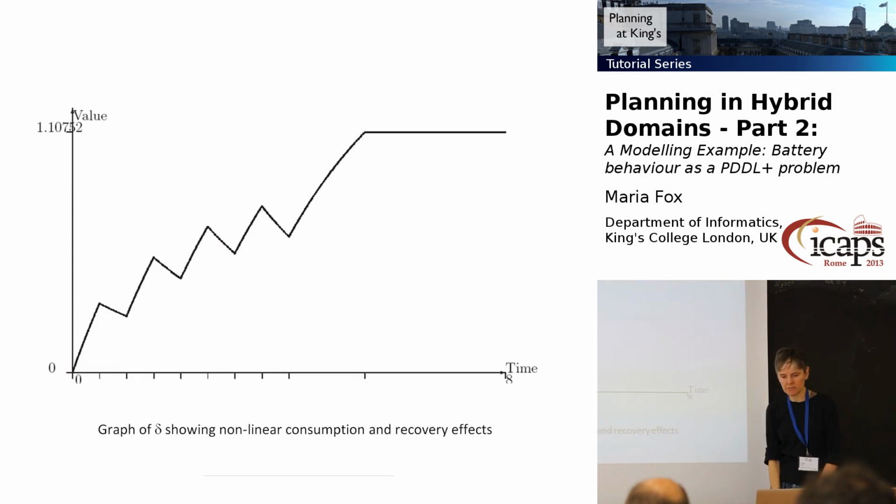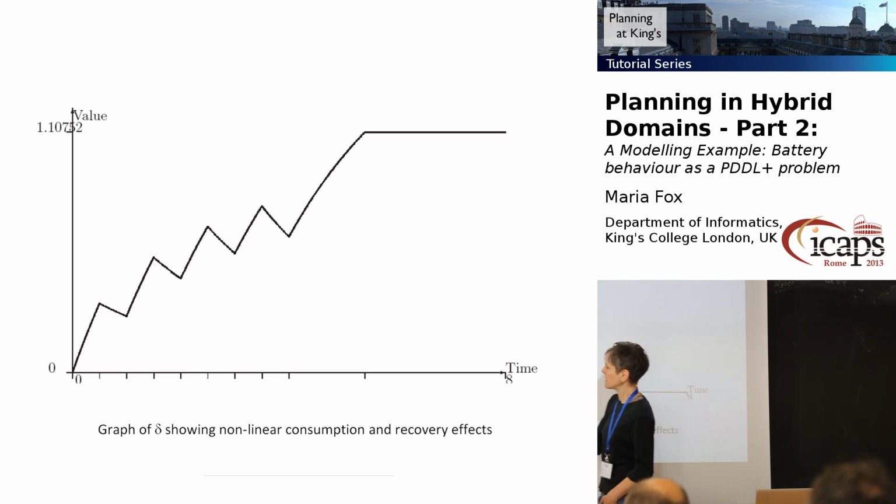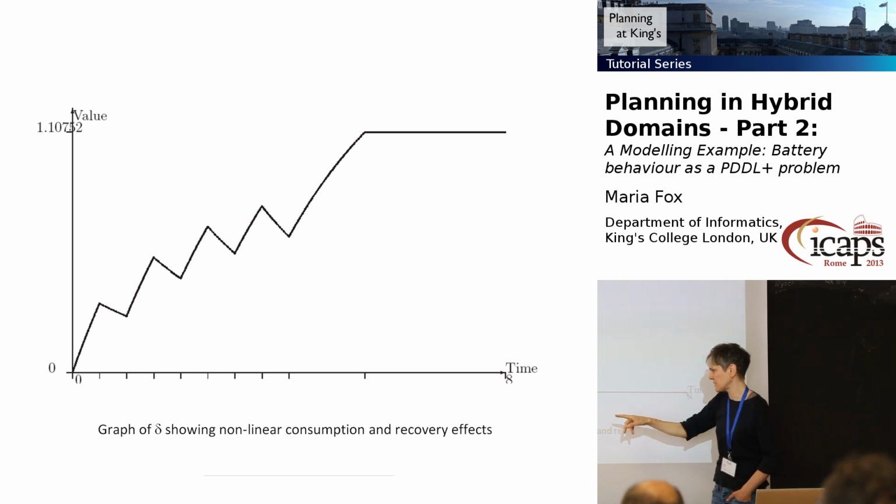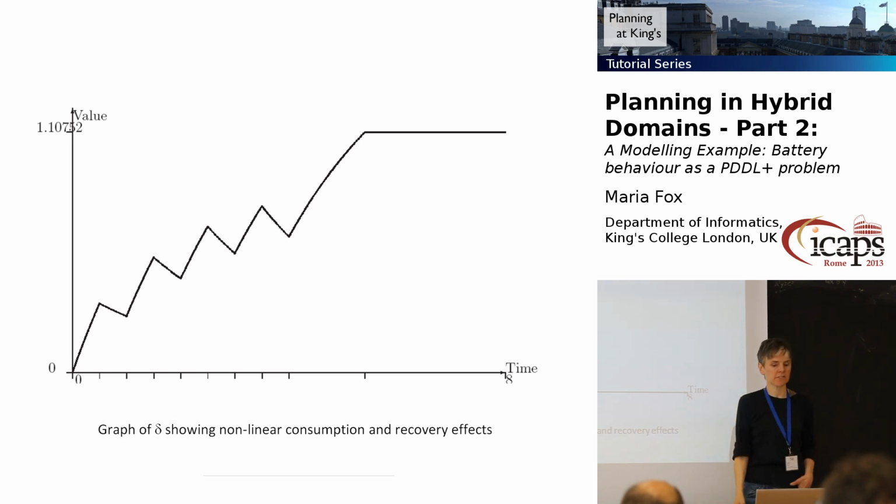And then this is the graph of delta, which is more interesting because this is the height difference increasing as charge is drawn off, and then decreasing as the battery recovers, and then increasing, decreasing, etc. And of course those are not straight lines, those are curves, so this is the non-linear consumption and recovery effects that we saw in the differential equations.